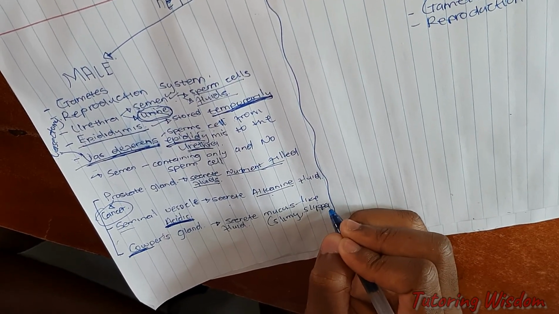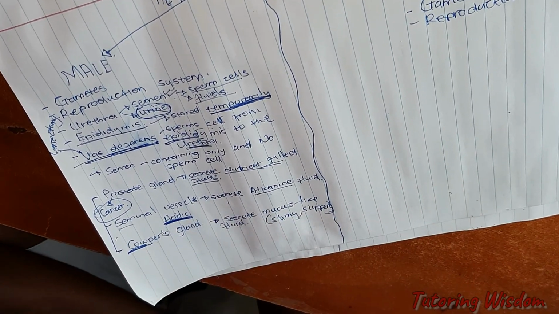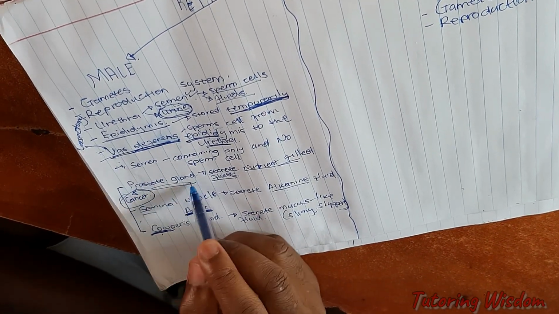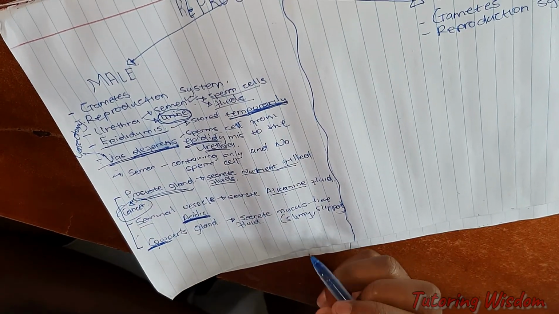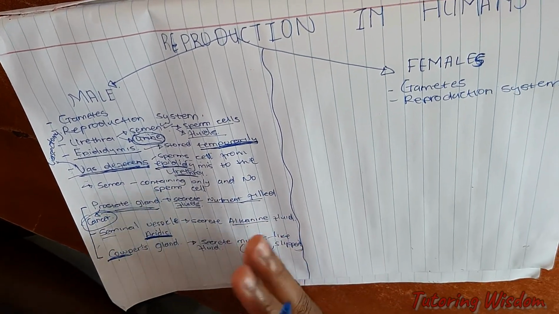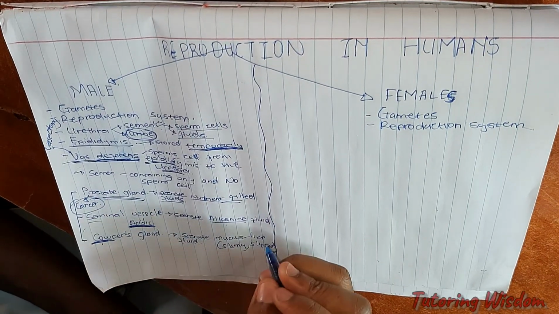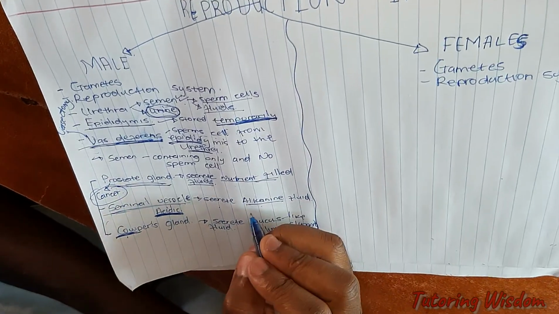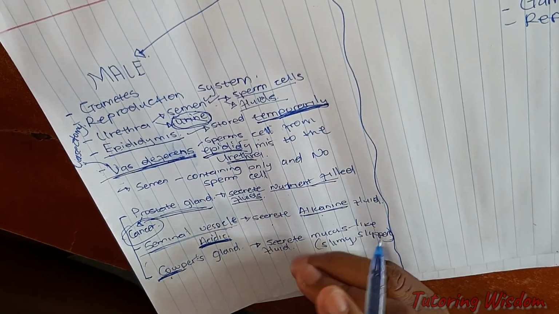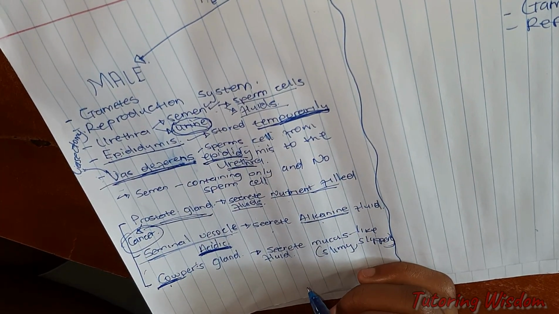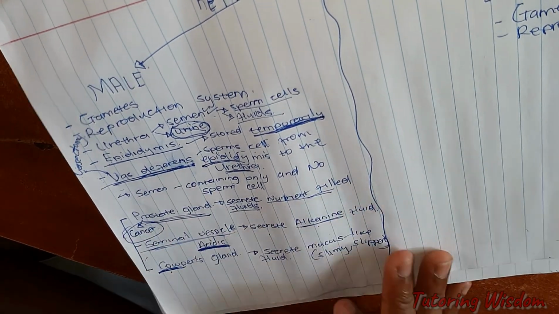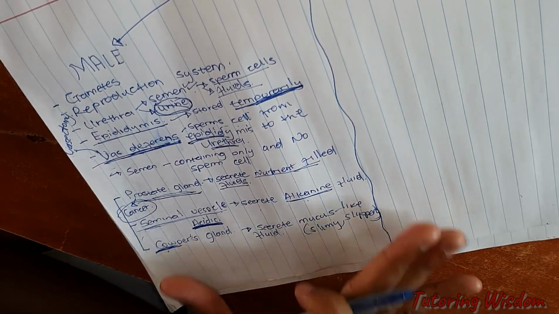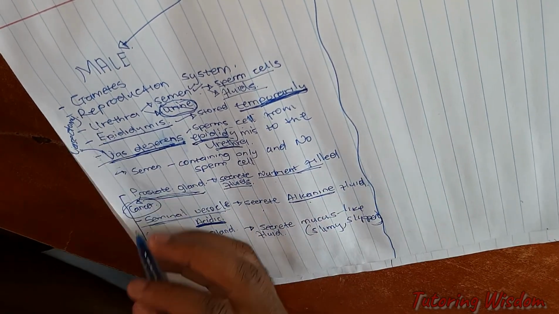So it allows for the sperm cells' movement. These two glands, the Cowper's gland and the prostate gland, allow the sperm cells to move freely. They allow for locomotion. But the seminal vesicles only produce an alkaline fluid that will neutralize acidic levels in the vagina. These are the most important parts of the male reproduction system.